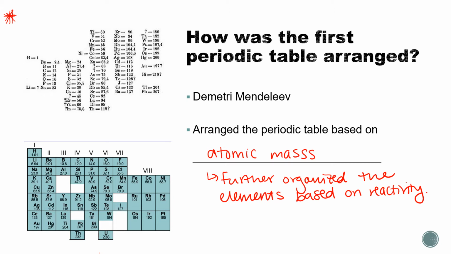And we recognize a lot of the elements that are there already. And what I want you to pay attention to is this first column on the left-hand side. So when we look at that first column, we see similar elements to what we see in our first period of our modern periodic table.